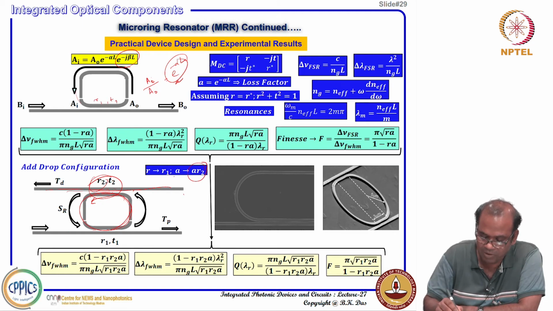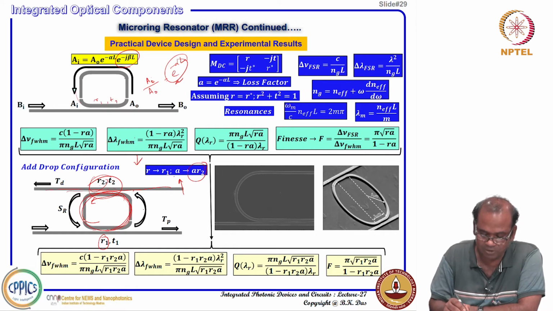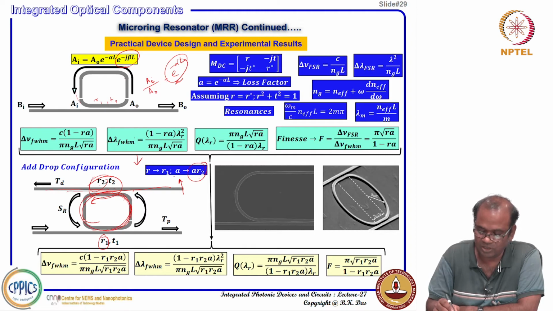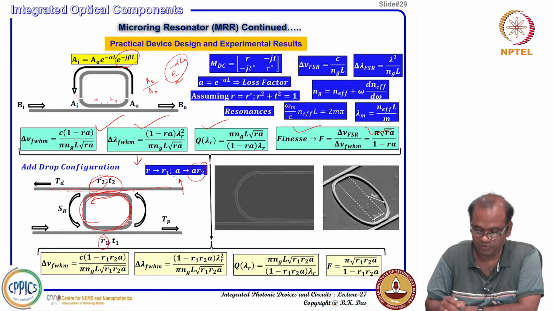That is why the new A will be AR2, and originally instead of R I will have R1. So, these expressions you can directly use for the add drop multiplexer, just putting R equal to R1 and A equal to AR2. Wherever A is there you just put AR2, and wherever R is there you put R1. Then you can convert all these expressions for the add drop configuration.